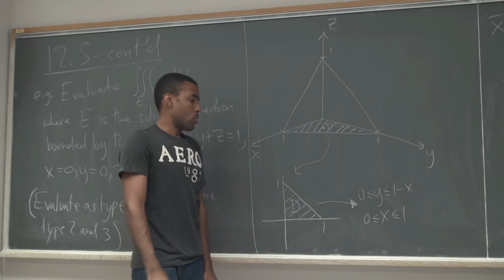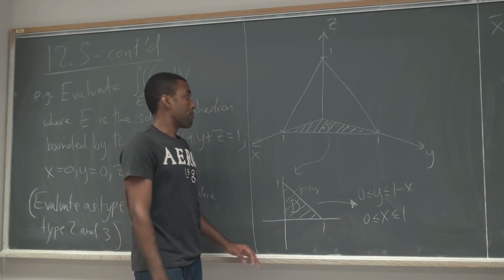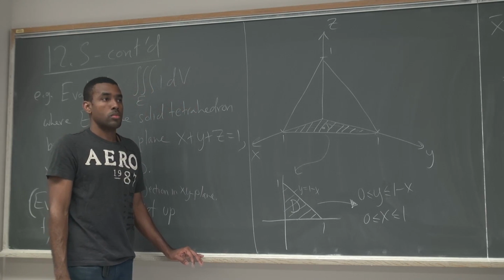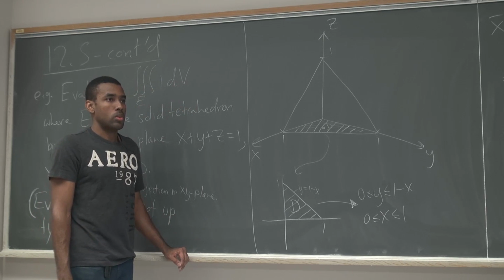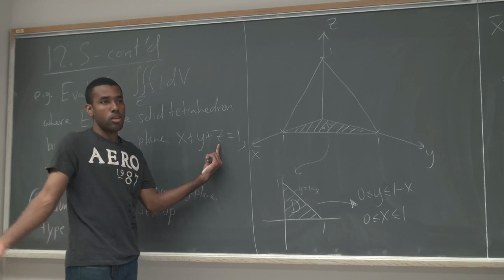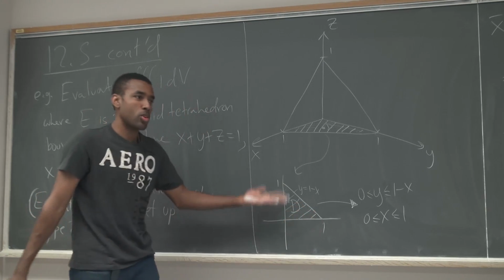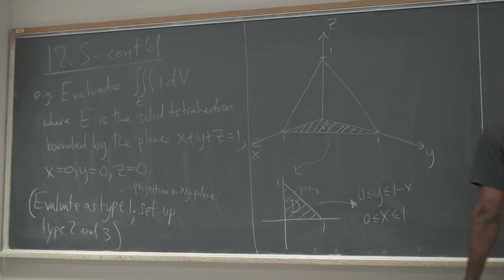How do I get that equation, y equals 1 minus x? The fastest way to do it: plug in 0 for z, solve for y. Don't bother with extra steps, you're wasting time. Just plug in 0 here and solve for y, because we're in the xy plane, so that just means z equals 0.